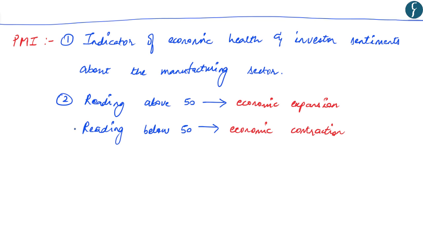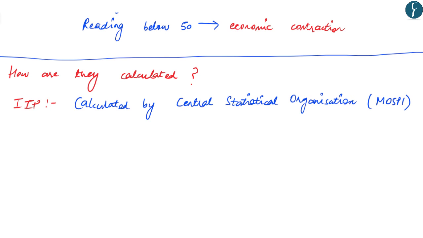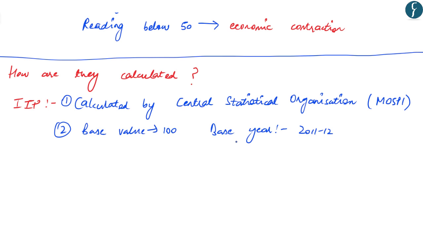Now let's discuss how IIP and PMI are calculated. Firstly, IIP is calculated by the Central Statistical Organization, which comes under the Ministry of Statistics and Programme Implementation, also known as MOSPI. The base value for IIP is 100 and the base year or reference year for the calculation of IIP is 2011-12.